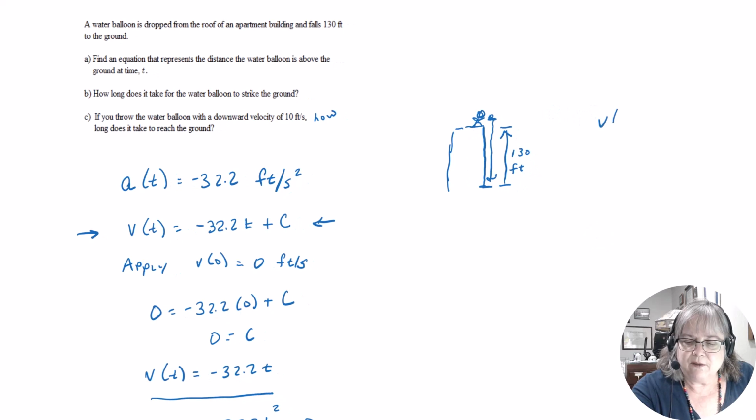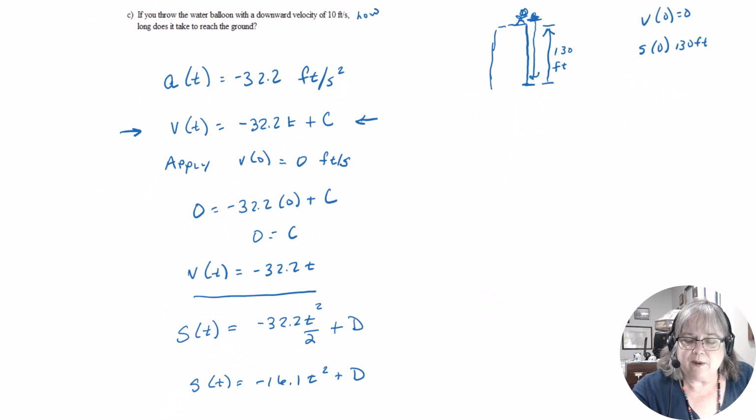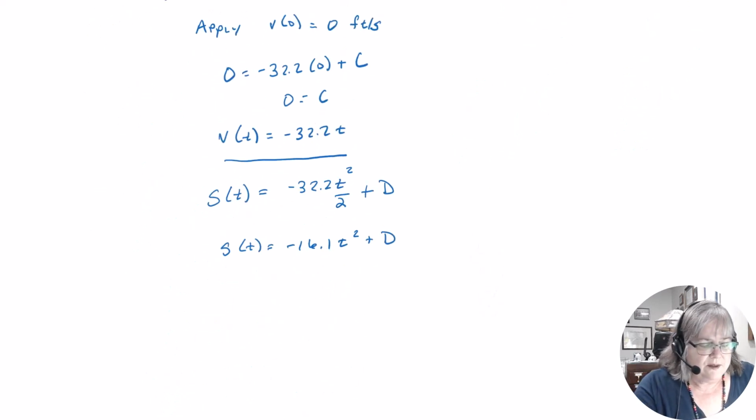So we knew that the velocity when we started was 0, and we know that the position is 130 feet. Right? When I first get started, the balloon is 130 feet above the ground.